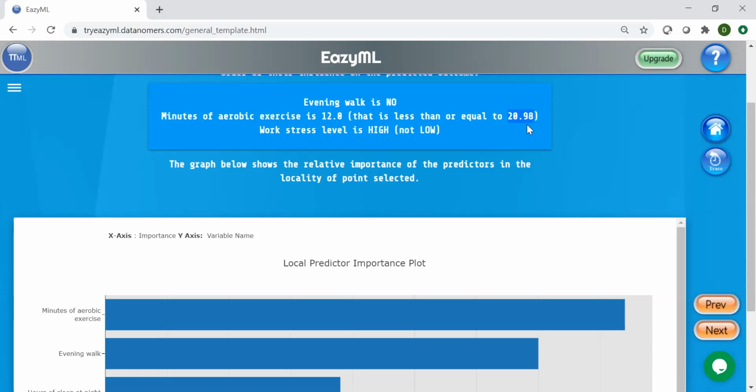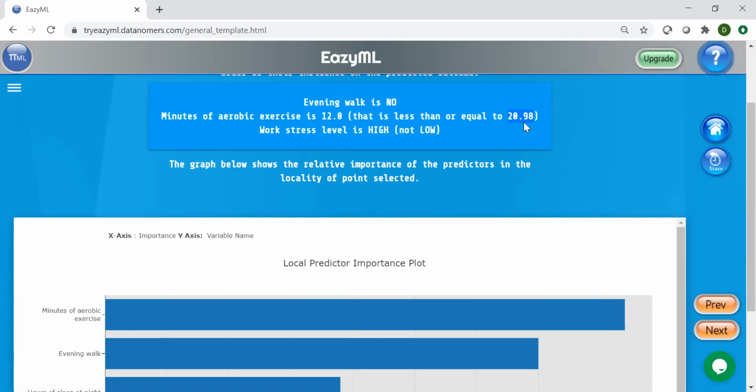Aha! So it seems that we must exercise for more than 20 minutes for our heart to start to optimally pump and then result in lower blood pressure. Critical insight that is specific for you.